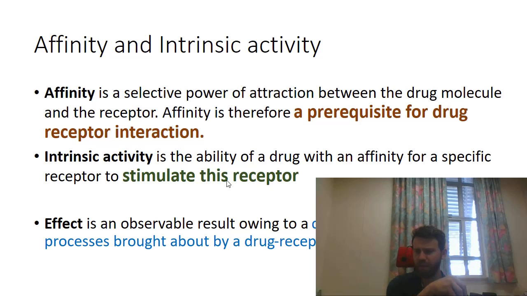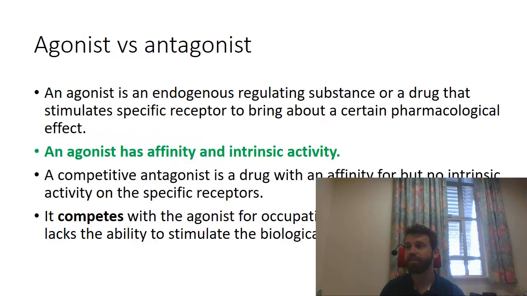So now, if another agonist or another neurotransmitter comes, it can't get past this thing that's just staying there with no intrinsic activity. So this is what we call an antagonist. This would stop other neurotransmitters or other drugs or other substances from coming and binding to the receptor and causing an effect. So it's blocking the receptor off. And I think this is the very basic of it at the moment.